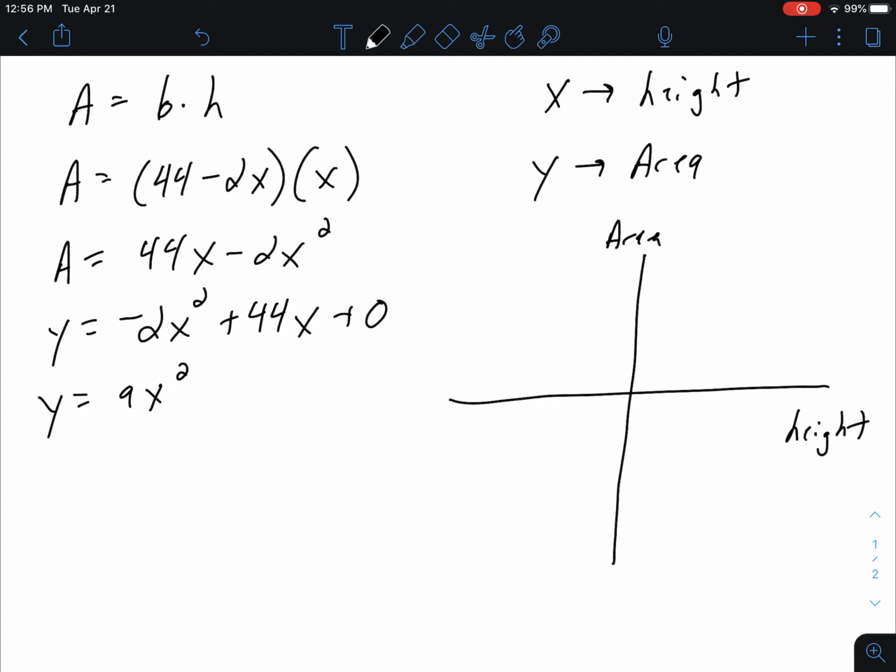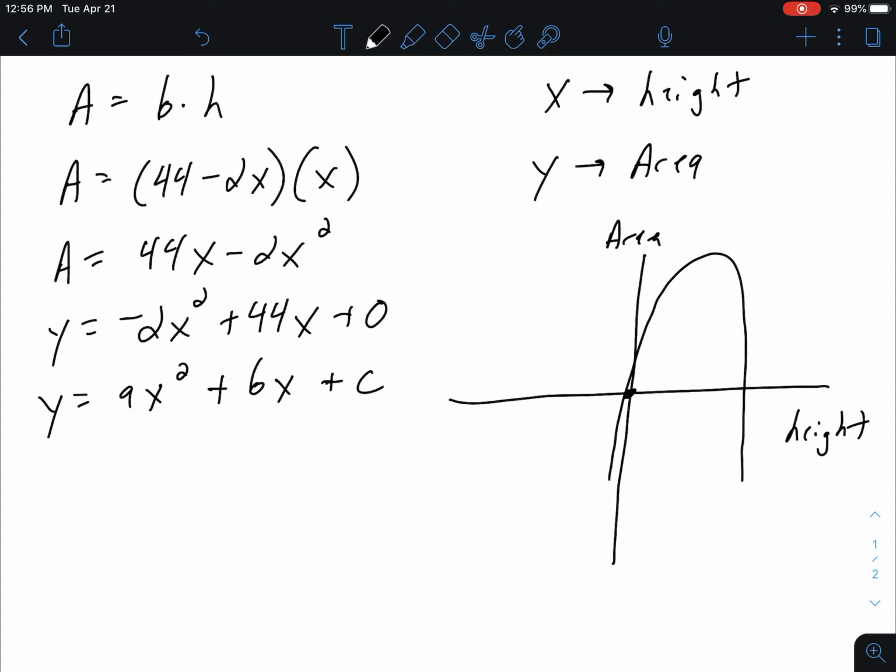When we look at it as AX squared plus BX plus C, first of all, you have a C that is 0, so that's your y-intercept, right? And then you have an A that is negative, which means it's going to open down. So even though I don't know exactly what this looks like, I know it's going to look something like that. So that gives me a good start.